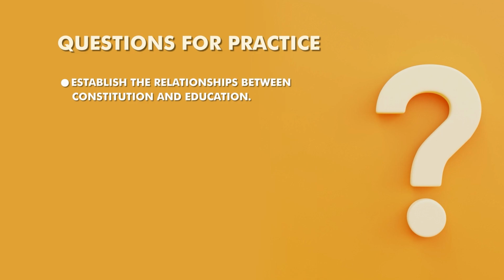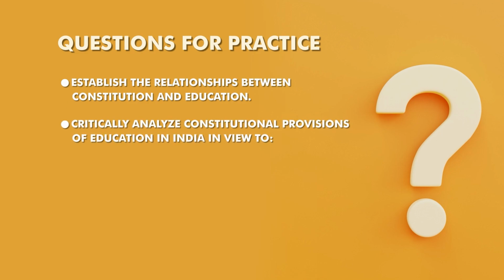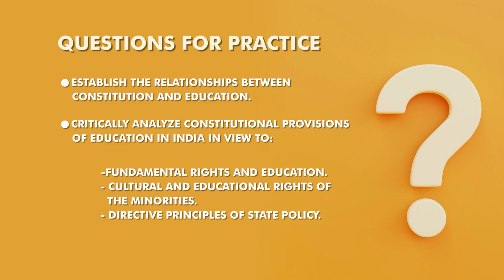And further, critically analyze constitutional provisions of education in India in view of three different aspects. First, constitutional provisions of education related to fundamental rights and education, where Article 21A is included. Then constitutional provisions of education so far as cultural and educational rights of the minorities are concerned.